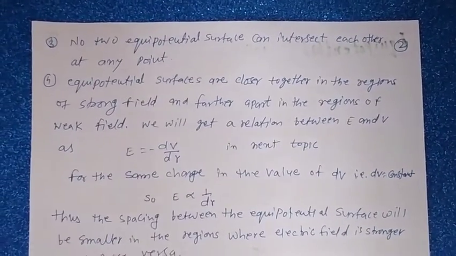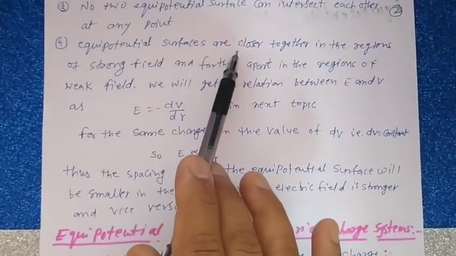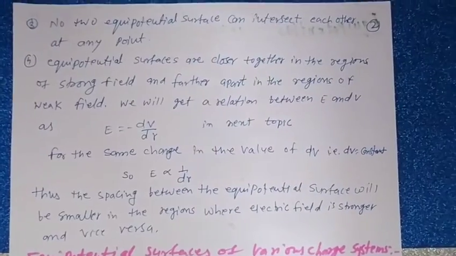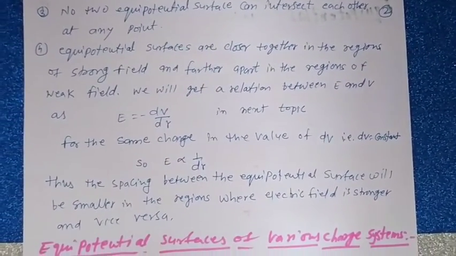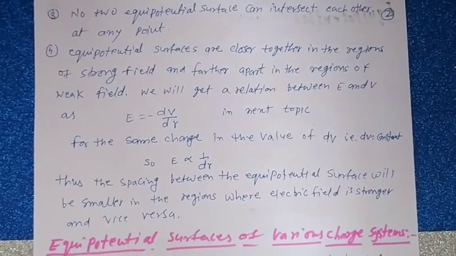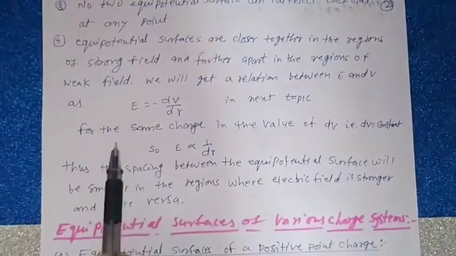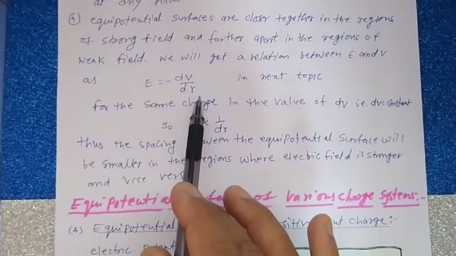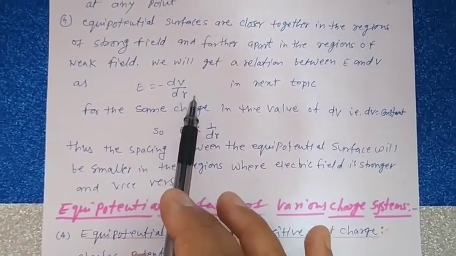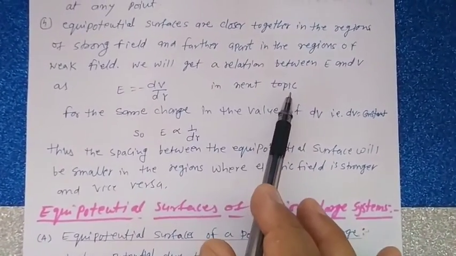Fourth point: equipotential surfaces are closer together in the region of strong field and farther apart in the region of weak field. We will get a relation between E and V as E equals minus dV upon dr. This one we will discuss in the next topic.